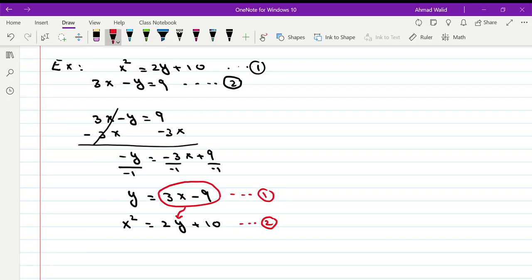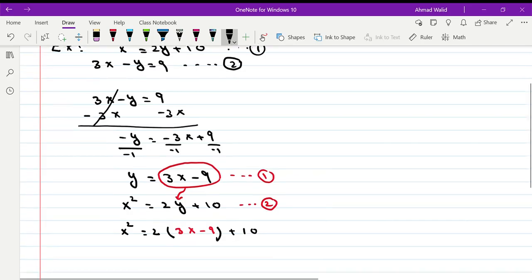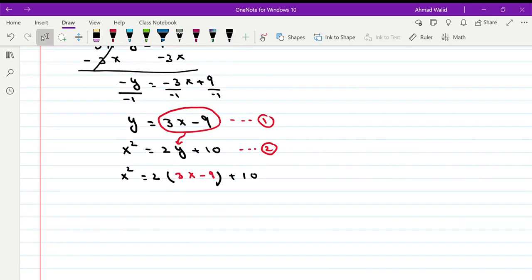So x squared equals 2 times what is the value of y? y is 3x minus 9, plus 10. Now you end up with an equation, of course quadratic, but with one variable, not two.